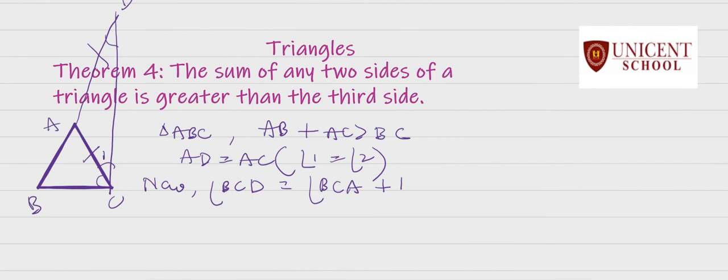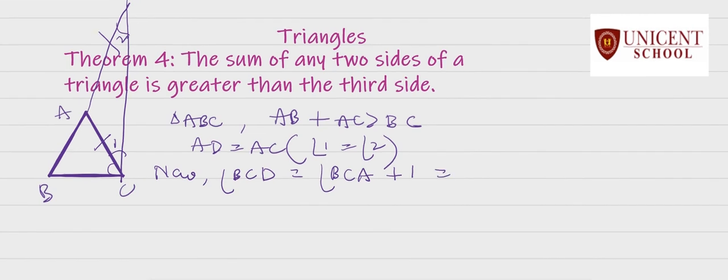This I'll take as angle 1 and this I'll take as angle 2. And it is also equal to angle BCA plus angle 2. So angle BCD is greater than angle 2.